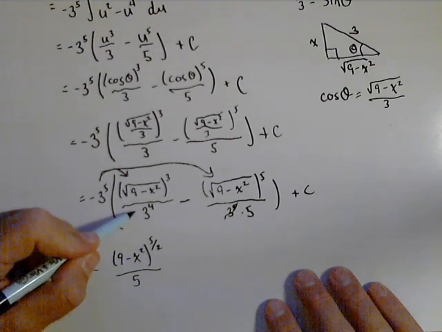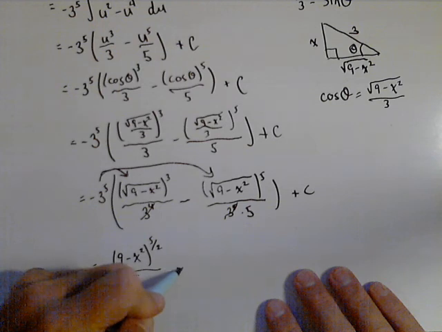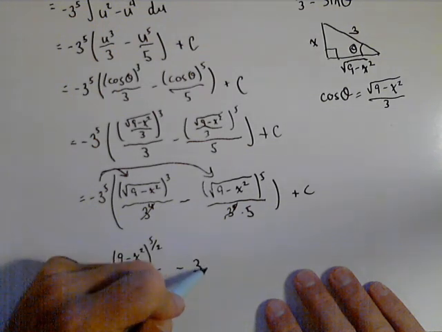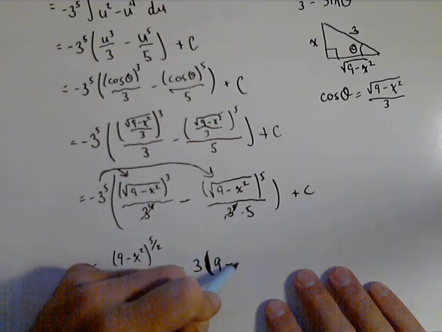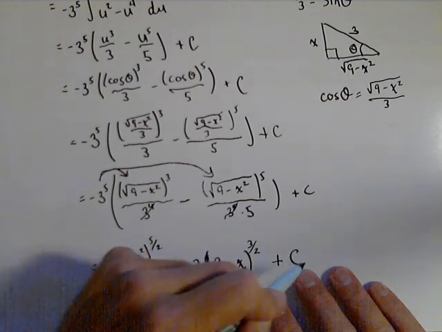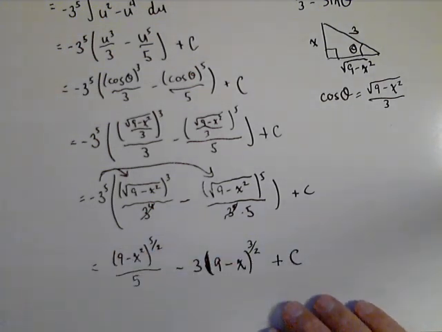Now it's going to change the sign on this one. It's going to cancel all of those out, and we'll have 1 left out front. Minus 3 times, let's put this one in parentheses as well, 9 minus x squared to the 3 halves plus c. And that's as far as we are going to be able to simplify that one.